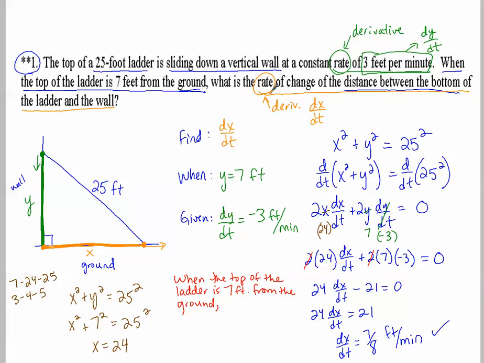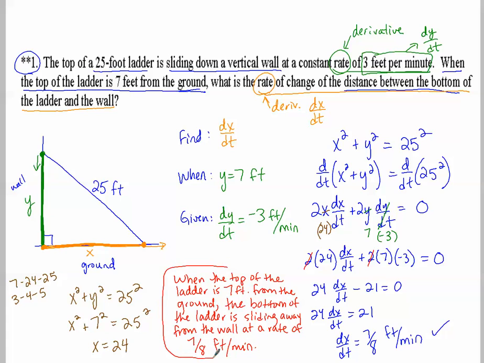Instead of what is the rate of change of the distance between the bottom of the ladder and the wall, I'm going to say either the rate of change of the distance between the bottom of the ladder and the wall is, or I can say the bottom of the ladder is sliding away from the wall at a rate of 7/8 feet per minute. Questions are given in words, so answers are given in words.